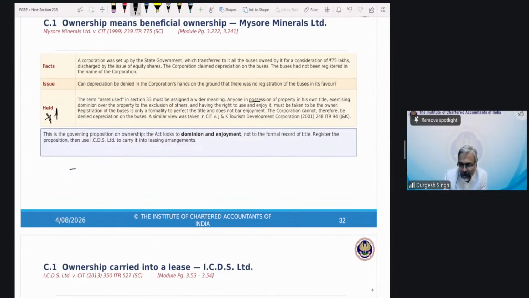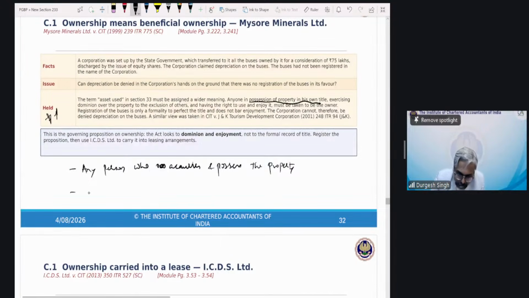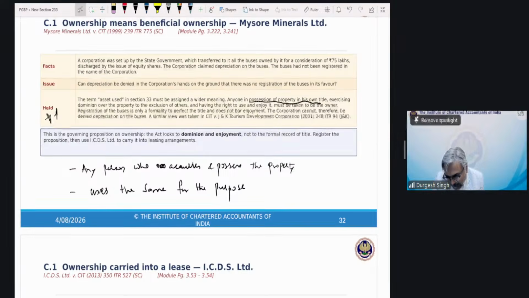Anyone who is in possession of the property in his own right, so any person who acquires and possesses the property and uses the same for the purpose of his business and profession.